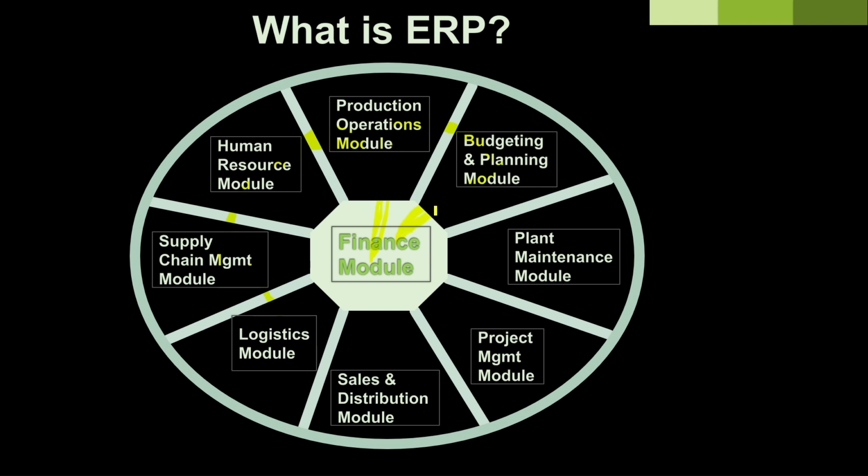All the modules have integration with finance. All the modules have integration within themselves, and every module is integrated with other modules wherever there is need for such an integration.